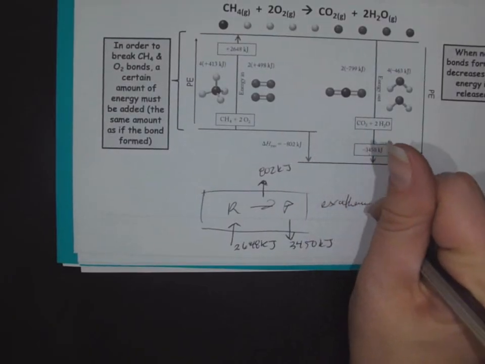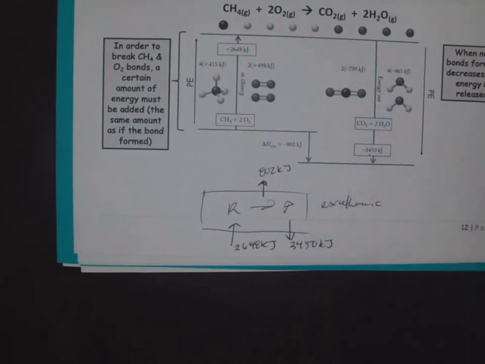This is exothermic. Now, how could I get that number? I just subtracted the smaller one from the bigger one. But this is exothermic, so if I do a delta H, I would want it to be negative.